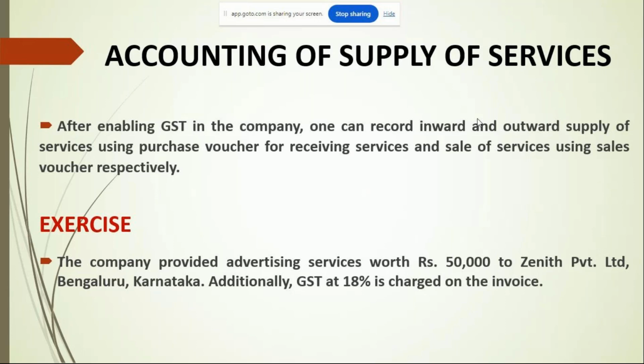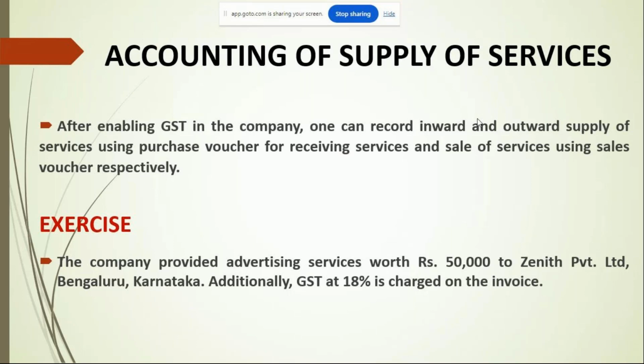When we are providing the services, we go for a sales function. So receiving services, purchase function. Providing services is a sales function. Because you can't expect the stock journal, physical stock, to play a role in case of services.